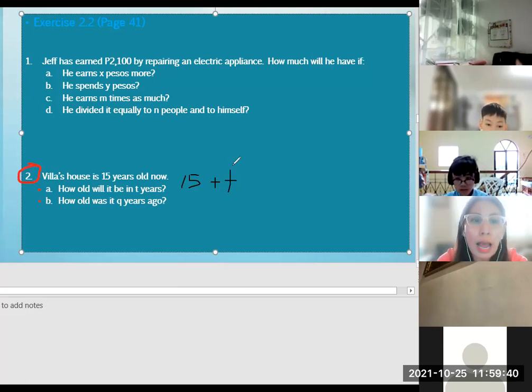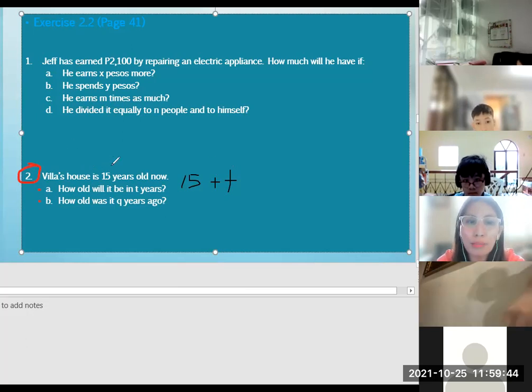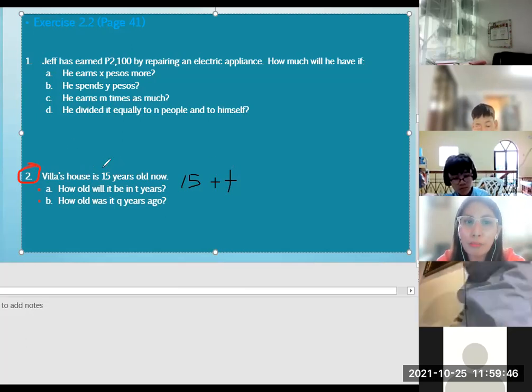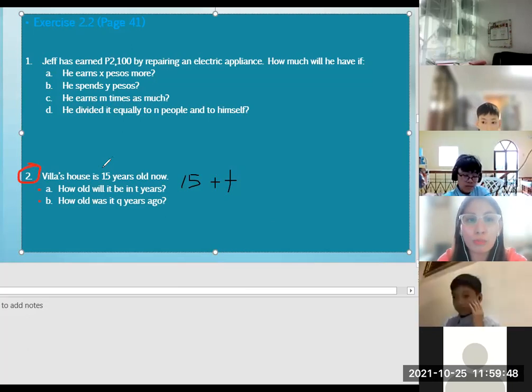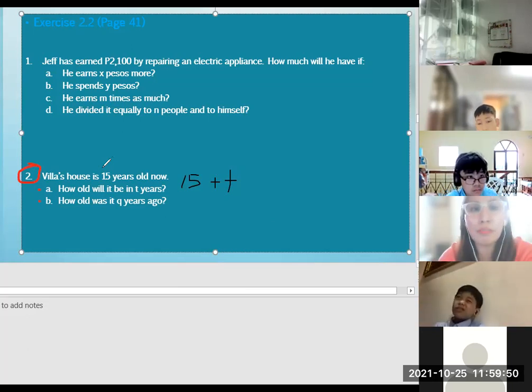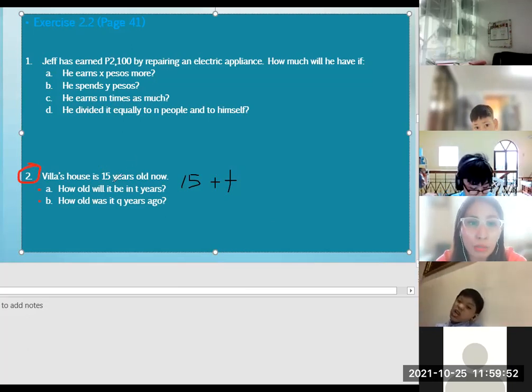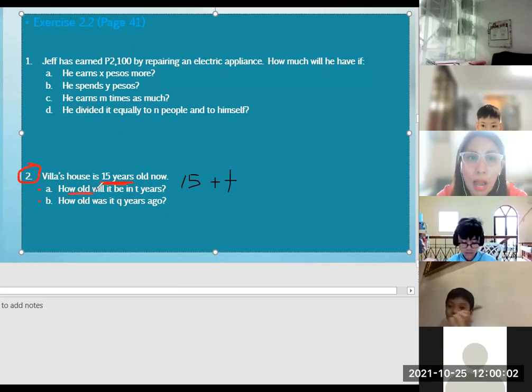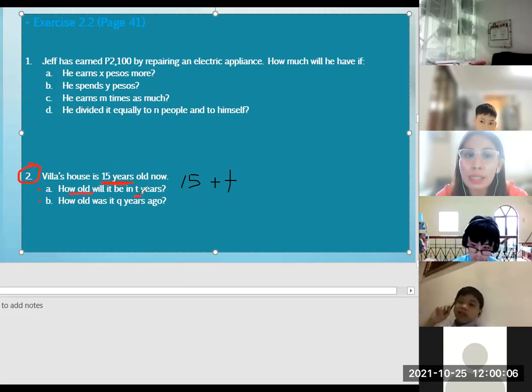This one, how old will it be in T years? We have the data here, 15 years old now. So Villa's house is 15 years old now. This is the data to be used. And then we have this statement here. How old will it be in T years?